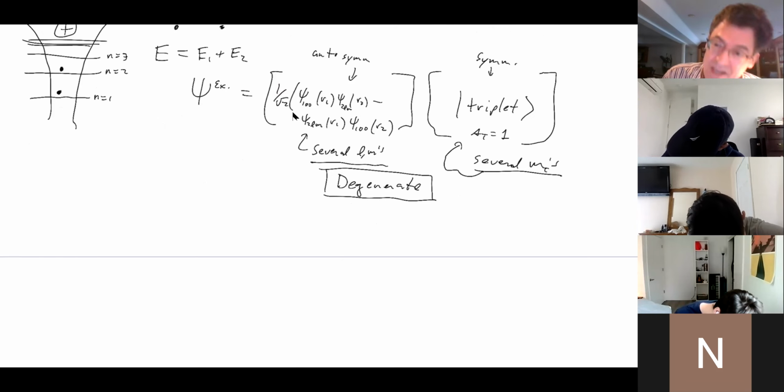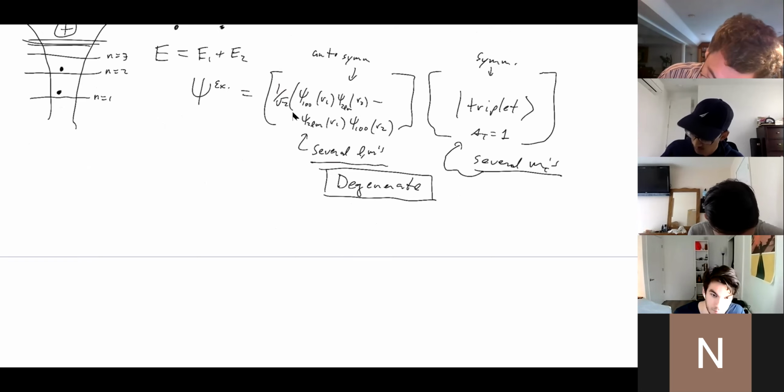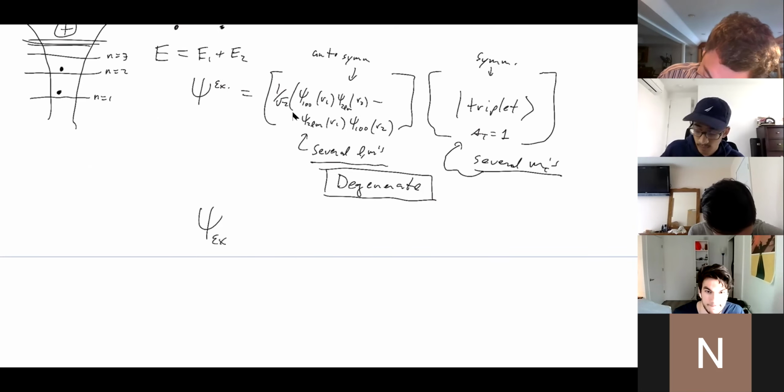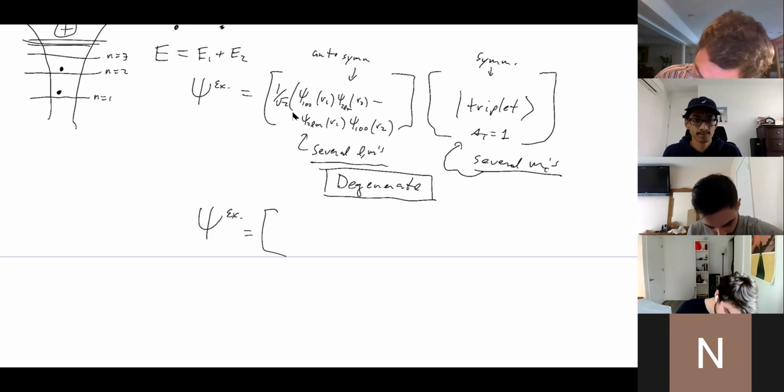But now let's write the next type of excited state, because there's another one which could have been, because we could have chosen it differently. We could have chosen it so that the spin part is opposite.